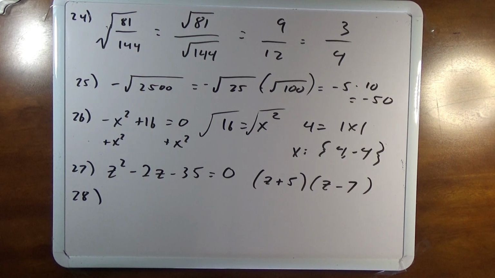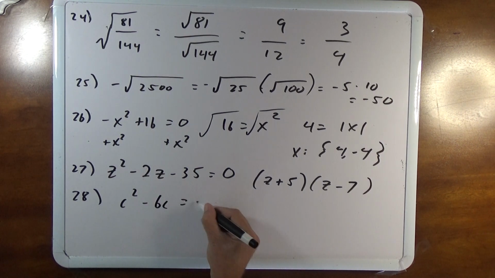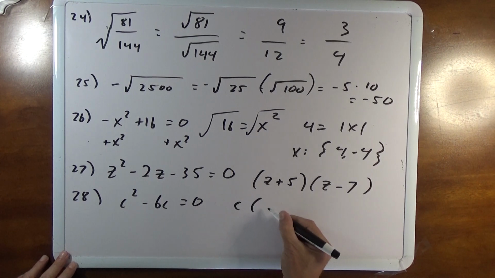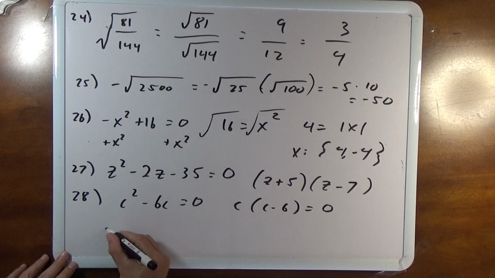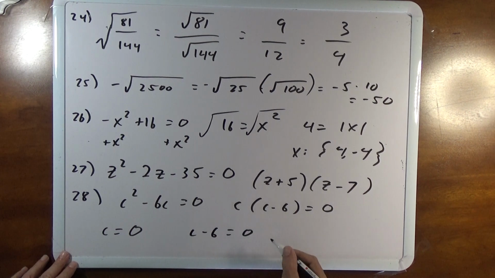28 says, all right, so solve by factoring. C squared minus 6c is equal to 0. So I factor a c out, so that's c times the quantity c minus 6 equals 0. And I set each of them equal to 0, so c is equal to 0, and also c minus 6 is equal to 0.